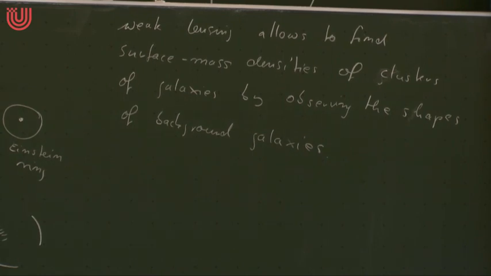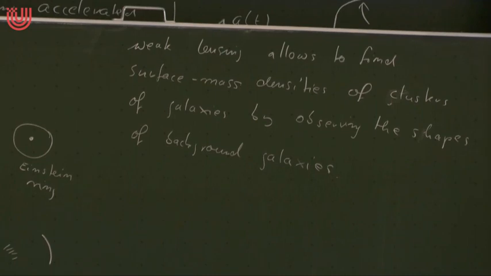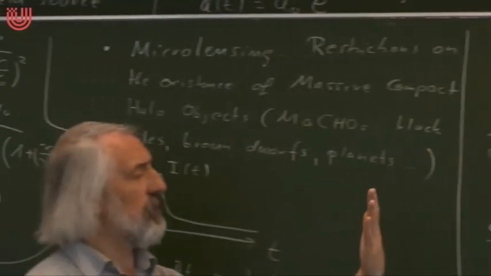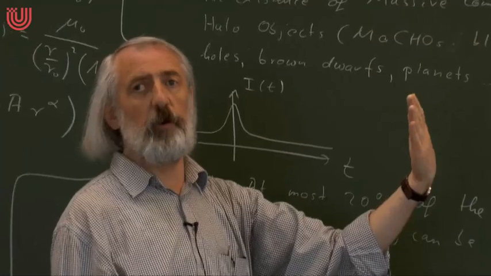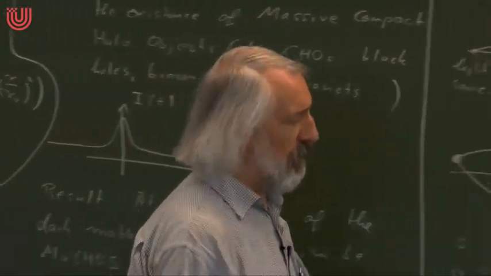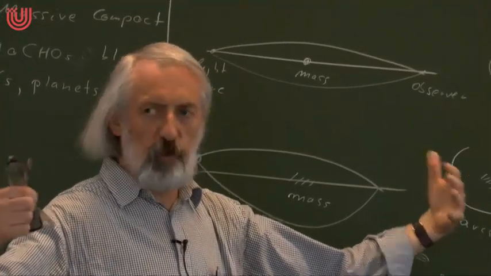And this was then further done by large collaborations of astronomers. So we know, with the help of this method, the surface mass distribution for a large number of galaxy clusters.